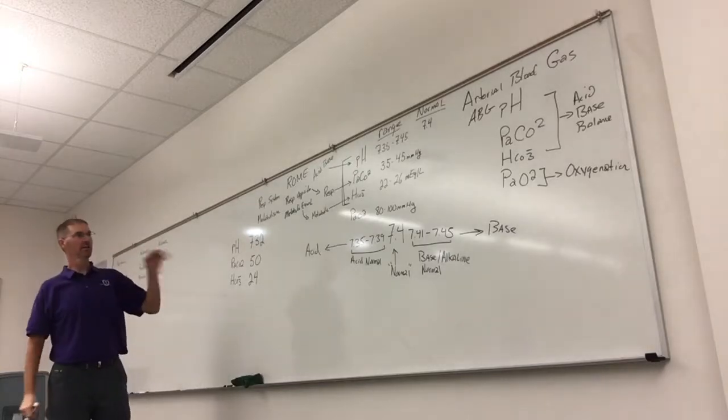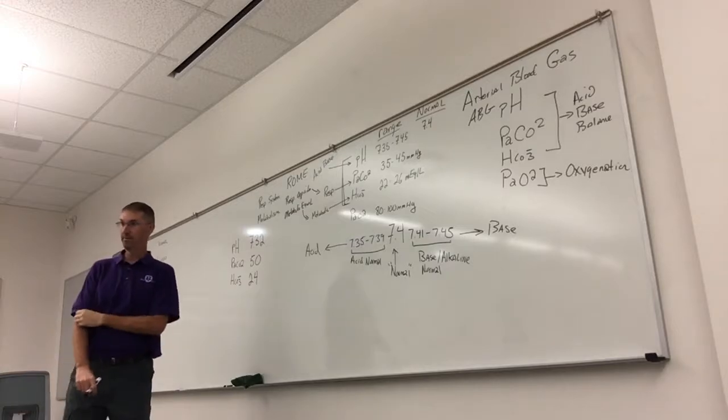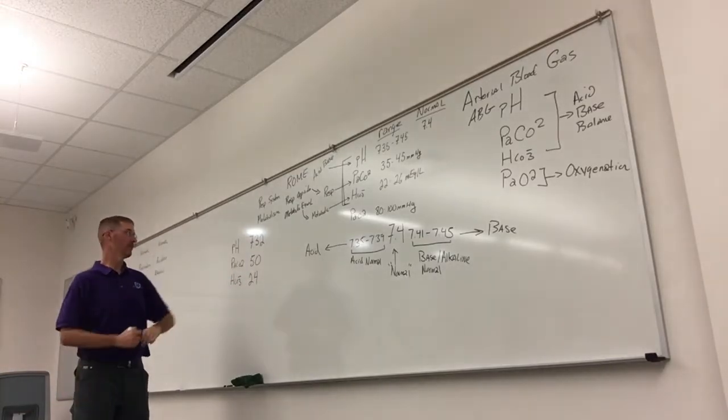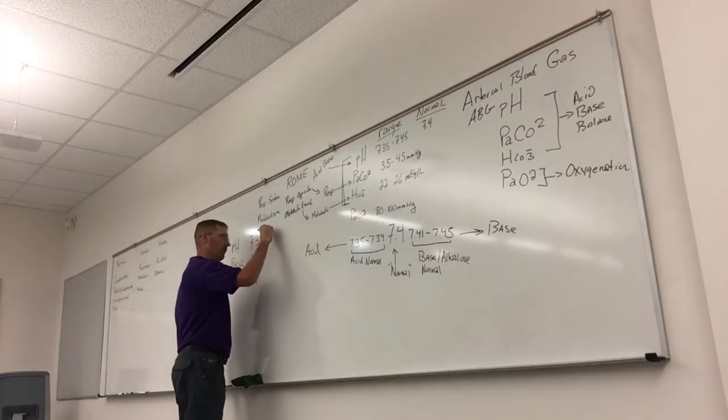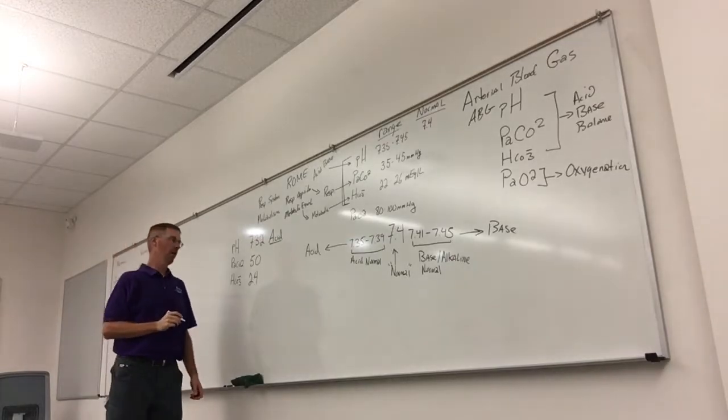Is the pH acid? Is it normal? Is it acid normal or base normal? It's full on acid. Do you guys agree? It is less than 7.35. So it's full on acid, which means what? We have a problem, right? We have a verified, definite problem.